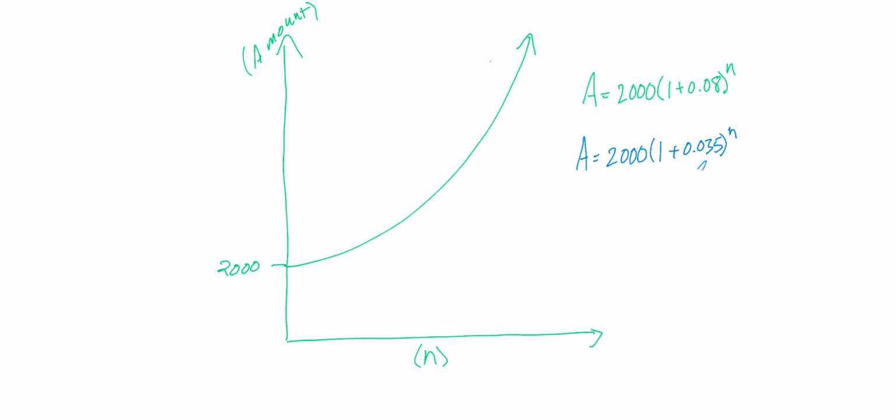In this case, our rate is lower. Because our rate's lower, it's going to start off slower, but because it compounds more often, eventually our numbers will overtake each other over time.